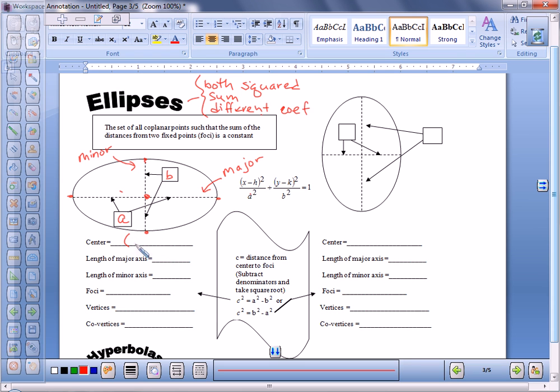The length of the major axis. Well, if this distance is a and this distance is a, then the whole major axis would be what? 2a. And what would the length of the minor axis be? 2b. Now, our foci. We would call this our foci.